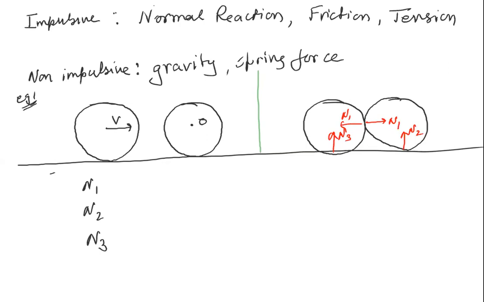N1, N2, N3. Which one is impulsive and which one is non-impulsive?